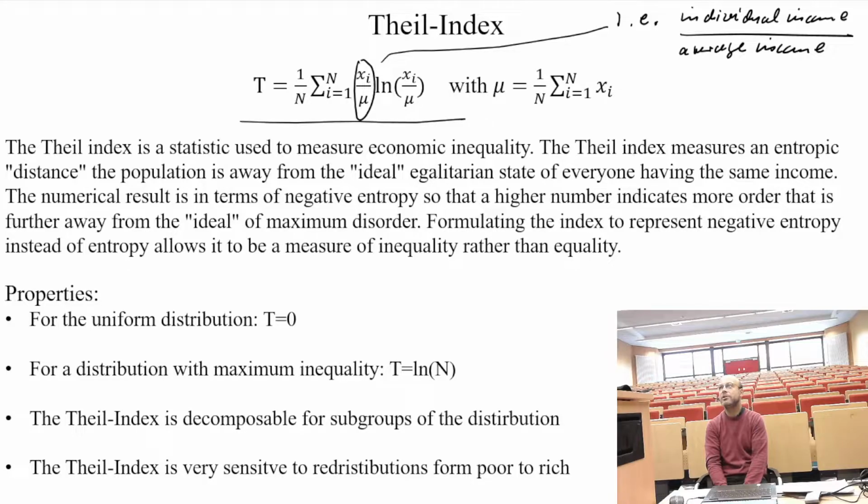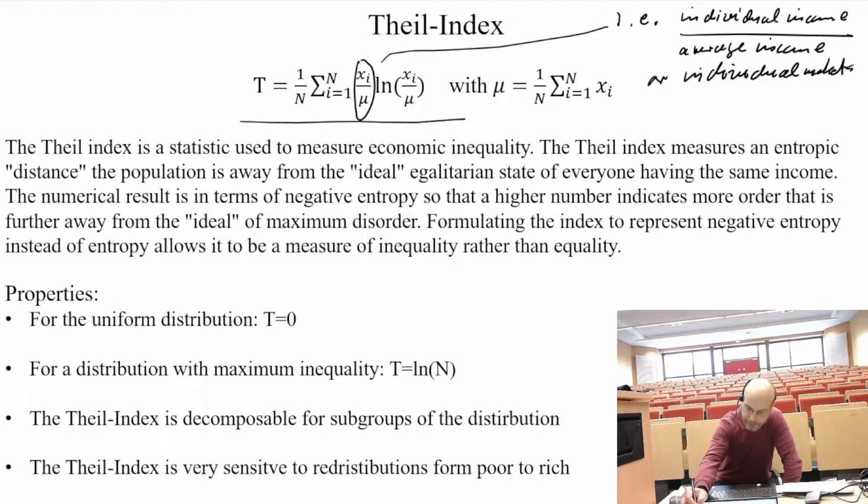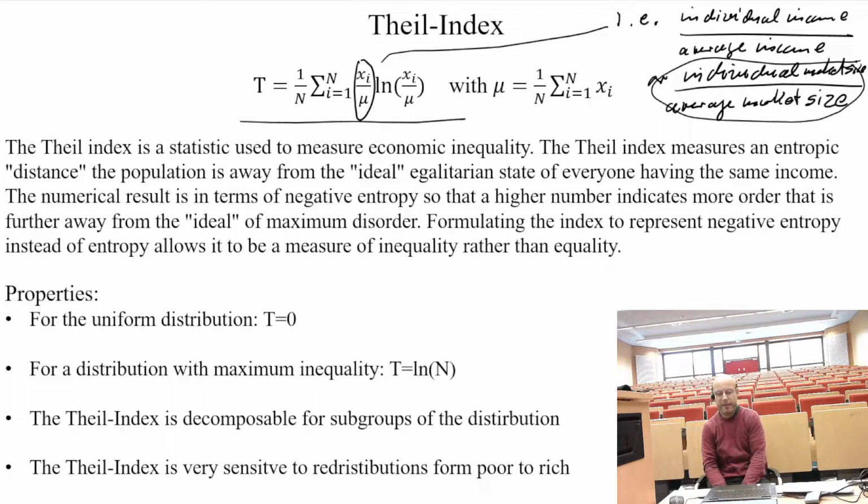Individual market size divided by average market size. Well, and this is multiplied, maybe a bit surprisingly, with the natural log of this ratio.